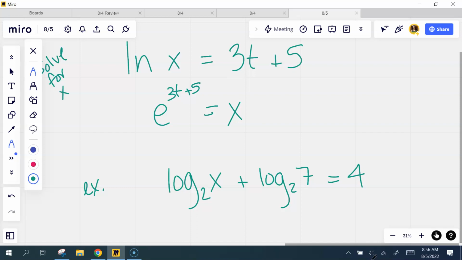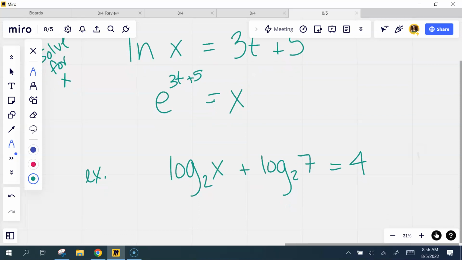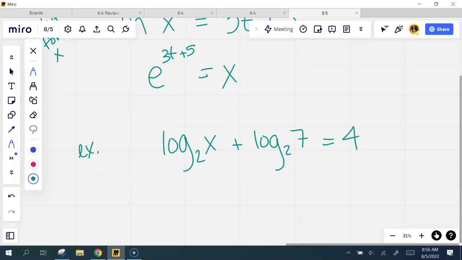You got to condense that, combine them first. So how do I, because I can't just add logs, right? Can't just all willy-nilly add logs, but you can condense them using those log properties, which says what? That's exactly right. So log base 2 of 7x equals 4. And now it's a problem just like before.